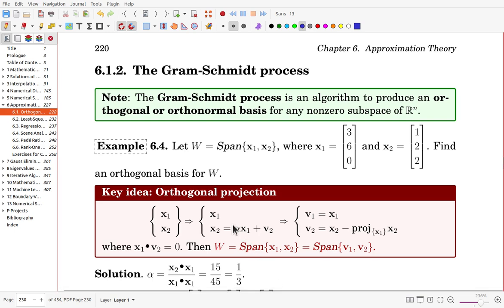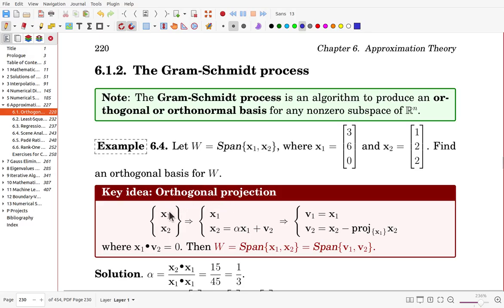Okay, see this example. Now W is spanned by two vectors, x1 and x2, where x1 is given in this way and x2 is now (1, 2). Find an orthogonal basis for the subspace W. Here, the key idea for this problem is orthogonal projection.